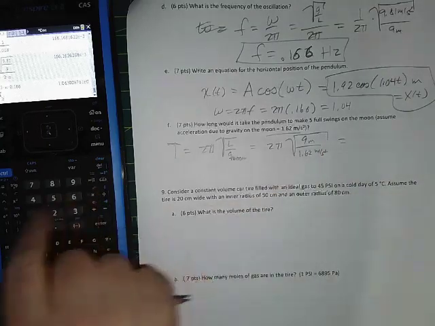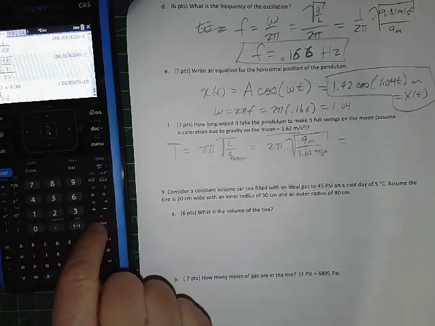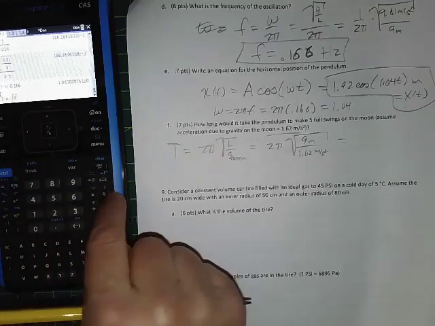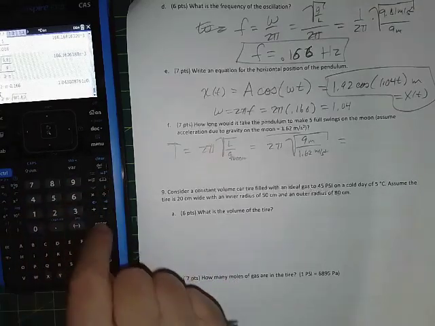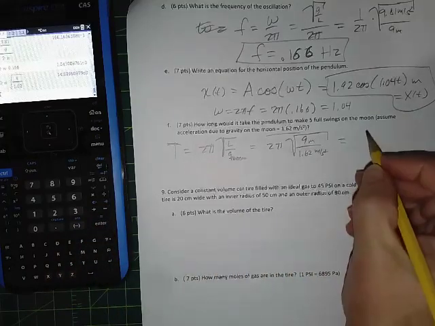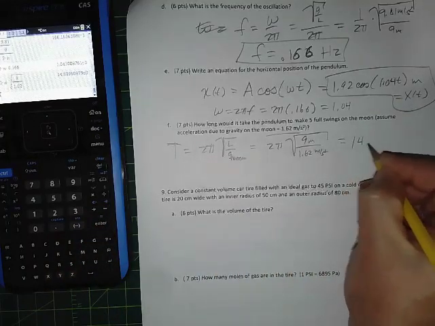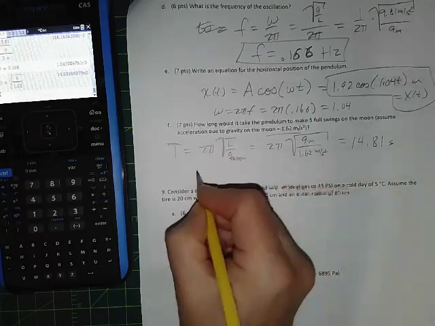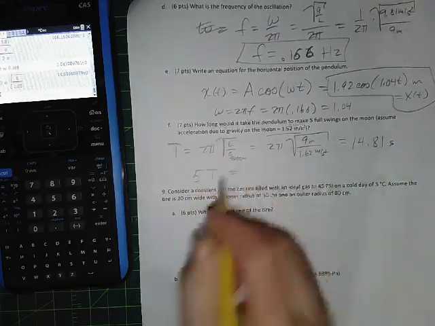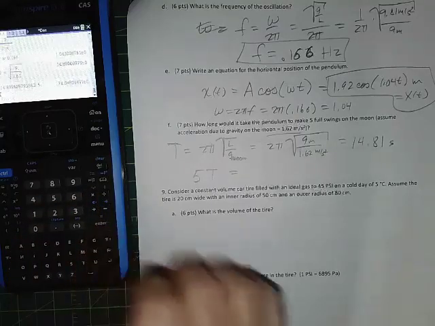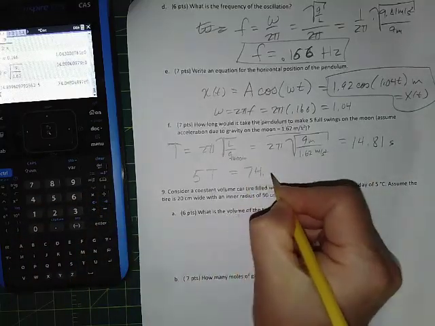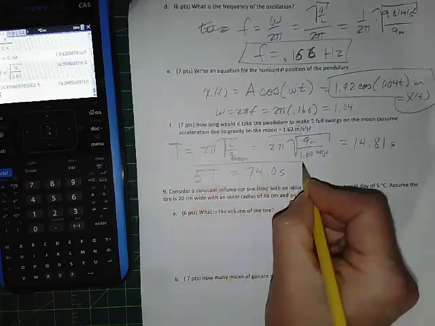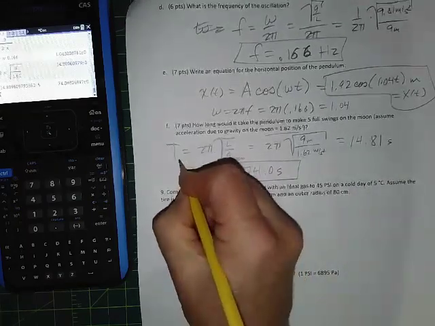So 14.81 seconds. So 5 times that, 74.0 seconds. Period on the moon.